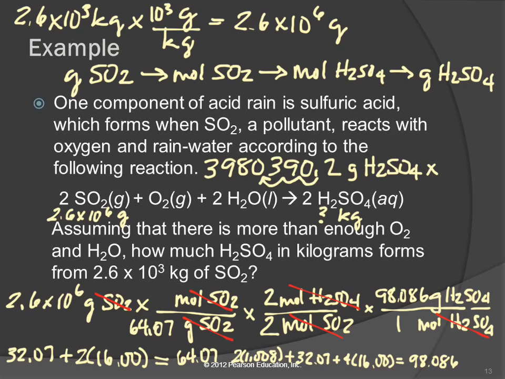What I'm doing here is grams on the bottom, kilograms on the top. Kilo means 1,000. I'm dividing by 1,000. So that gets me a little bit more reasonable of a number, 3980.3902 kilograms. How many significant figures should that number have? 2.